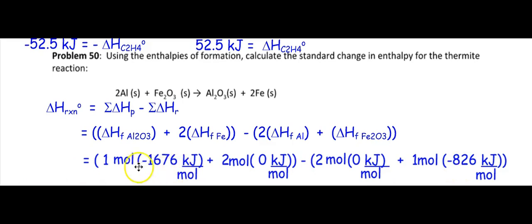So what happens? You take negative 1676 minus a negative. I think you get a positive, don't you? So what's negative 1676 plus 826? I got negative 850 kilojoules. I hope you did too. This isn't too bad, is it?